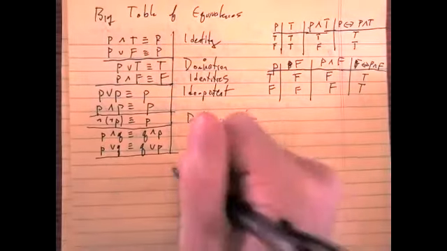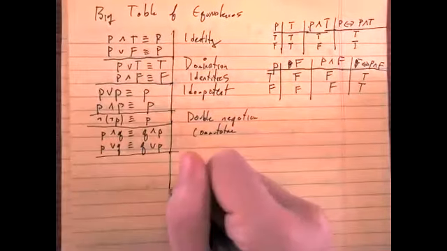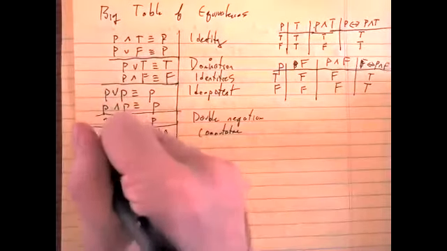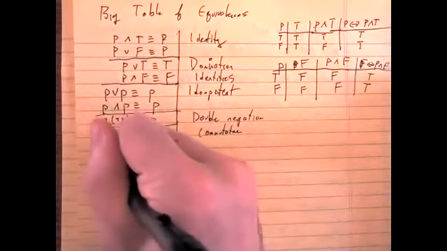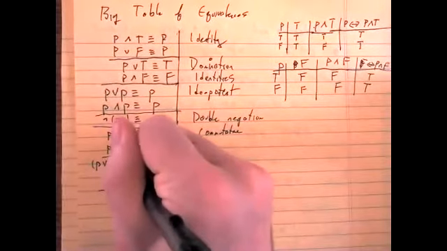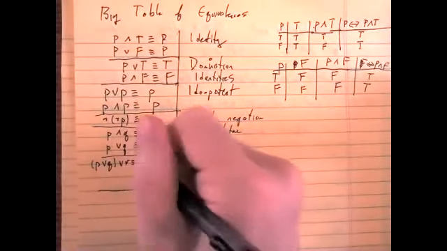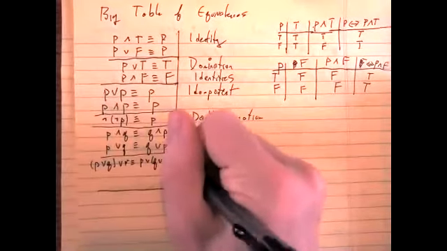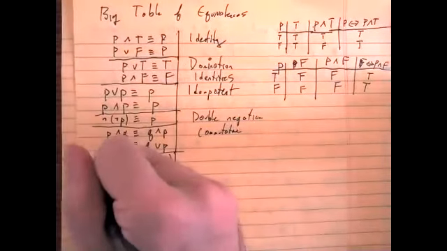Now we get to some of the more interesting ones. Well, that's up for debate, but P or Q or R is equivalent to P or Q or R with different grouping, and similarly with and.